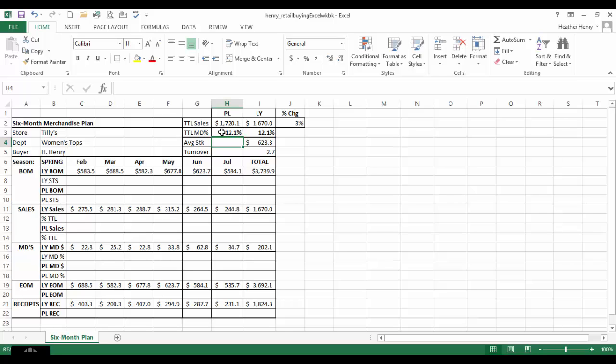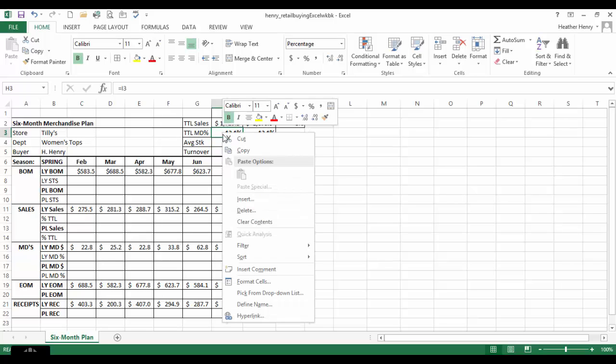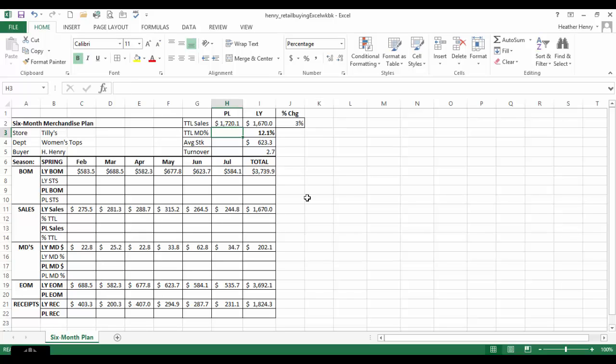However, let's go ahead and calculate that at the very end to make sure we are exactly on par with last year. So now that we know our total sales plan of $1,720,000, we need to apply that also into this year. So we will take that plan and put it at our total for the 6 months.